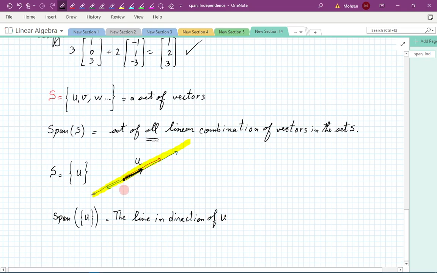Here u is assumed to be at the origin, and right now all of our vectors are at the origin, so it's not somewhere out in space. This is the origin of this space that we have. Span of u is going to be the line in the direction of u.